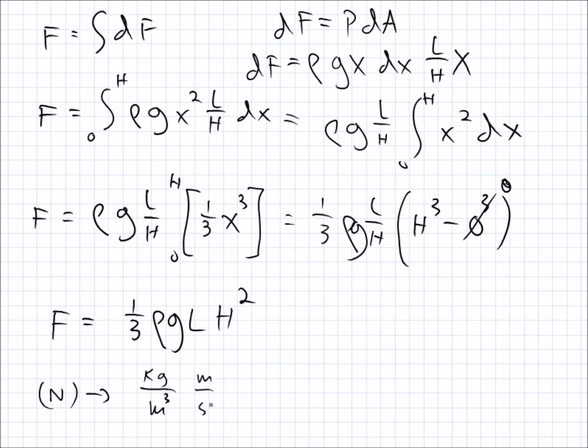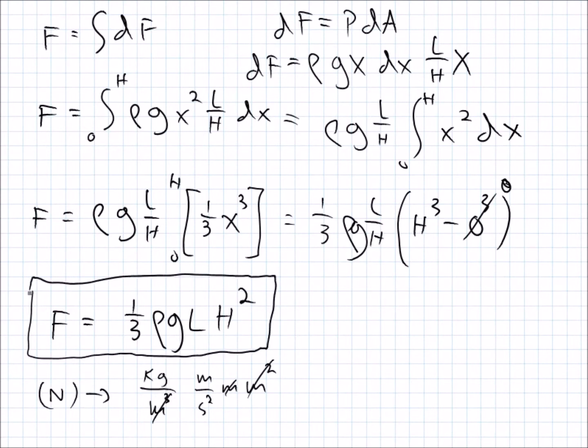Acceleration is meters per second squared. L, that's length, is meters. H squared would be meters squared. So let's see, I've got meters, meters squared, meters cubed, so that can get rid of some of these meters. And kilogram meter per second squared, yes, that is a Newton. Okay, so it looks like a dimensionally valid answer anyways, and unless I made a stupid mistake somewhere, that should be our answer.